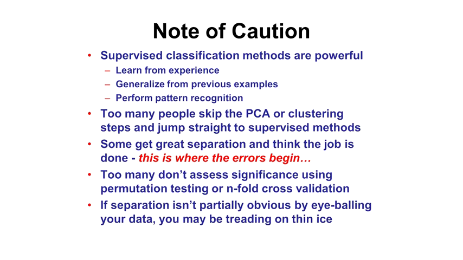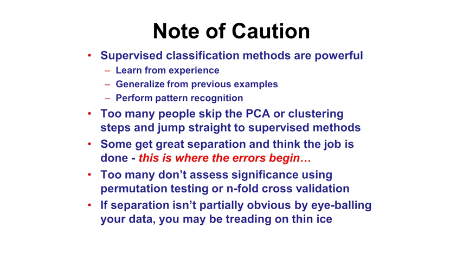So supervised classification is really powerful. They learn from experience. These are machine learning algorithms in many cases. They generalize, just like humans learn. They can perform pattern recognition, just like humans do. So they can find patterns in noise, just like humans can find them. A lot of people go straight to PLSDA and they don't try any PCA. Many people don't assess the significance and don't report the R squared or the Q squared or the permutation values.